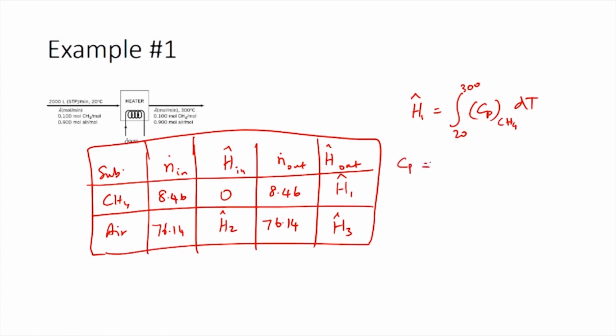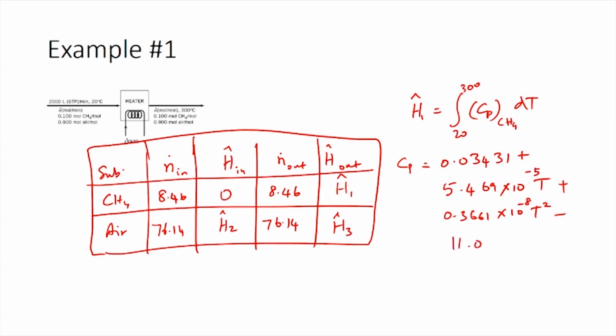Using the handbook or textbook, we can get the Cp value for methane as 0.03431 plus 5.469 times 10 power minus 5 T plus 0.3661 times 10 power minus 8 T squared minus 11.0 times 10 power minus 12 T cubed.